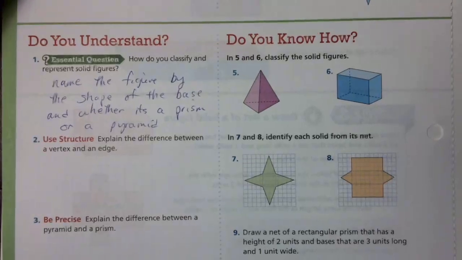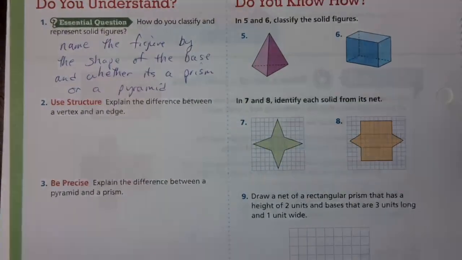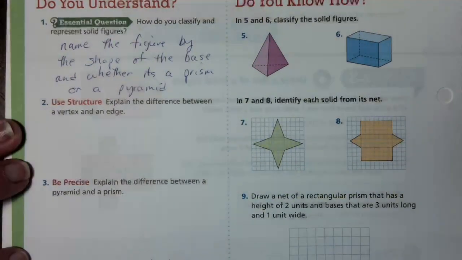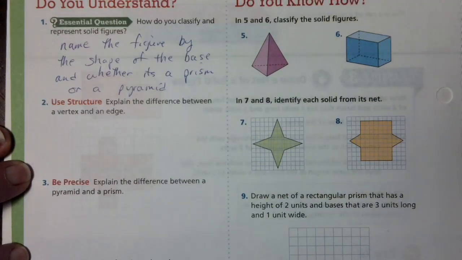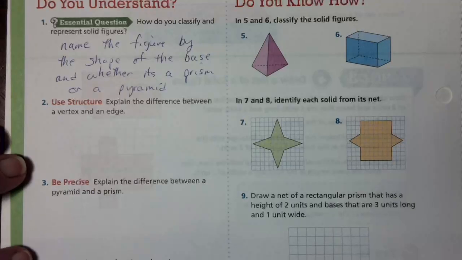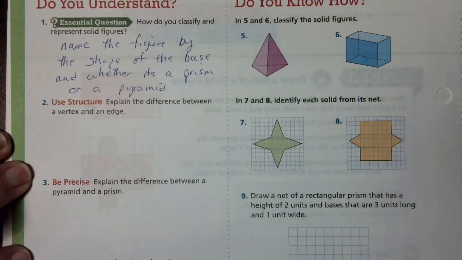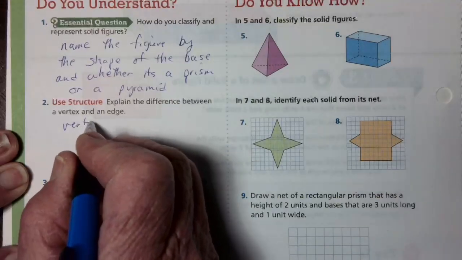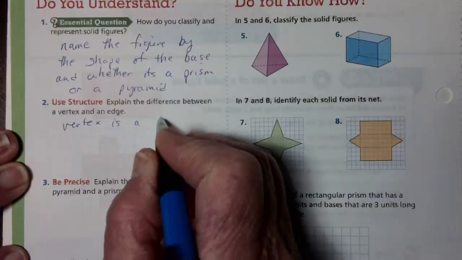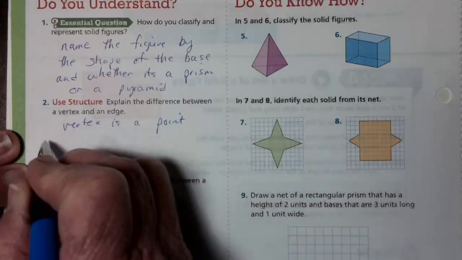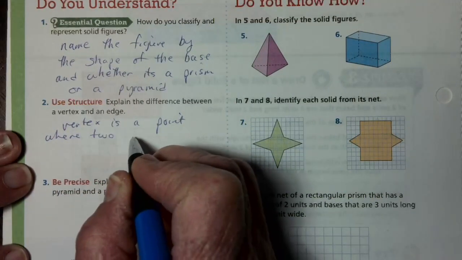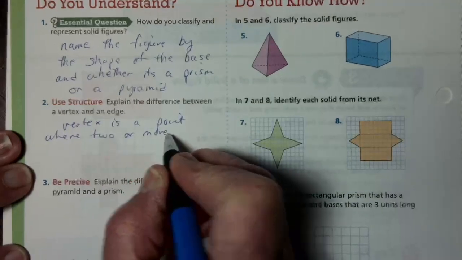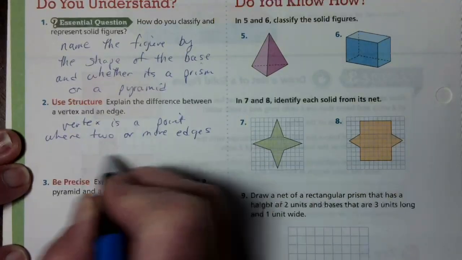All right, look at number 2. Explain the difference between a vertex and an edge. A vertex is a point where two or more edges meet.